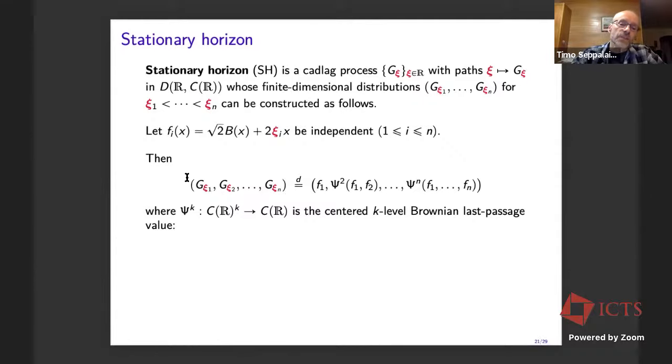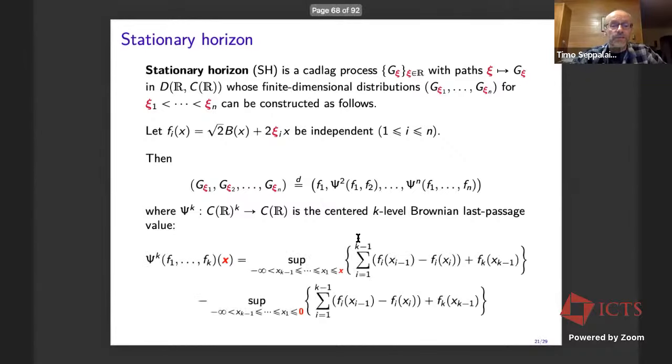So this vector on the left here is a vector of n continuous functions on the real line. And these psi-k mappings that appear here on the right-hand side, these are centered Brownian last passage values. So here's a formula. And again, if this is new to you, please don't try to parse it.